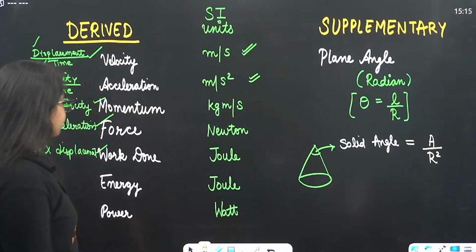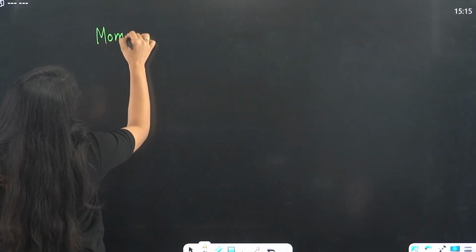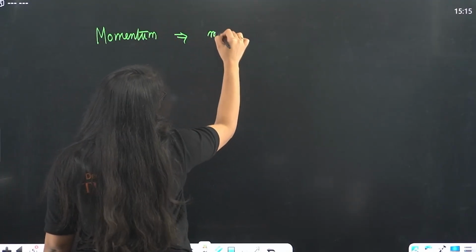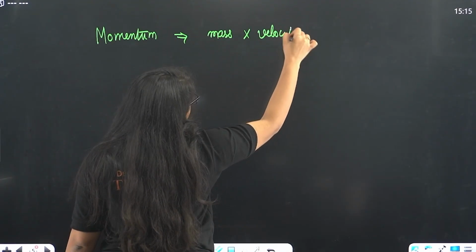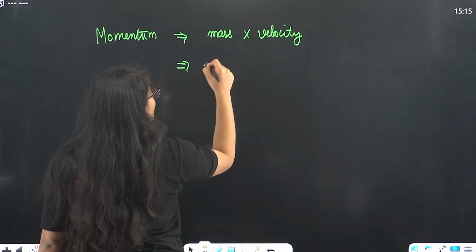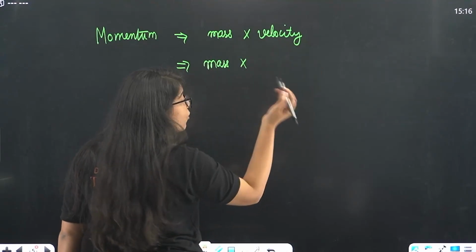Okay. Similarly, beta, we have momentum. Now what is the formula of momentum? Ma'am, it is mass into velocity. Again, velocity is not a fundamental quantity, so let's write it in terms of fundamental quantities. Mass into, what is the formula for velocity?